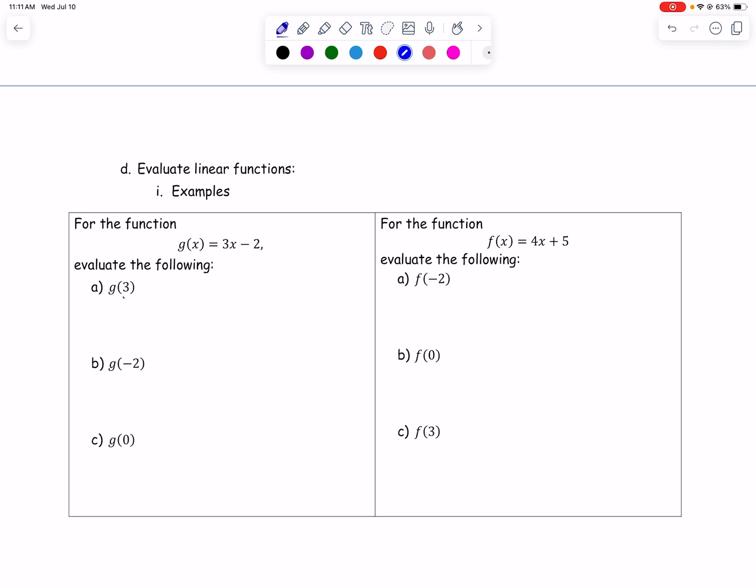So this right here is my x value. So when I calculate g of 3 using this function, I'm going to take 3 times 3 and subtract 2, which is 9 minus 2, which gives me 7. So if I were to write my ordered pair, x is 3 and y, the output, would be 7. So remember, x is the input and y is our output.